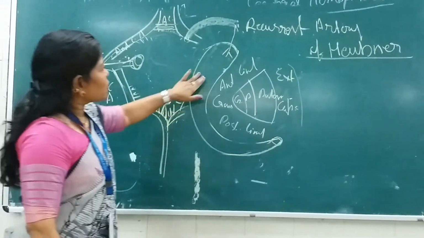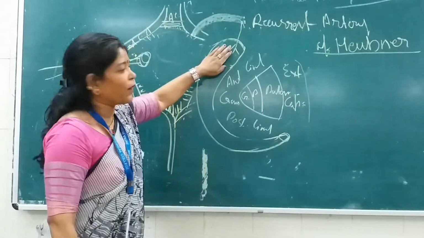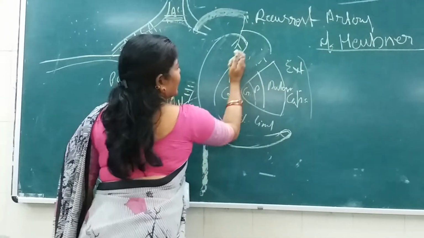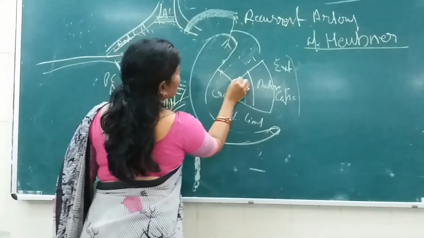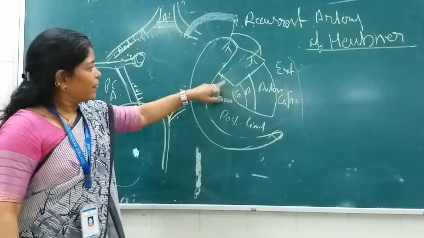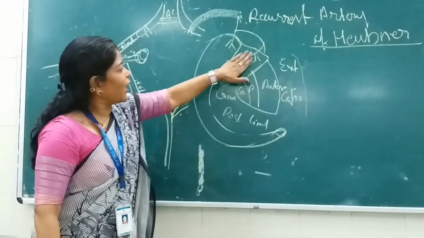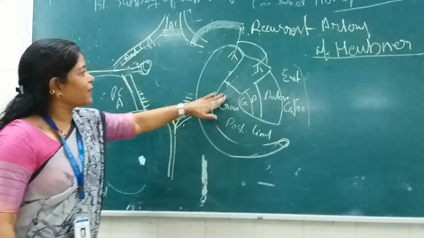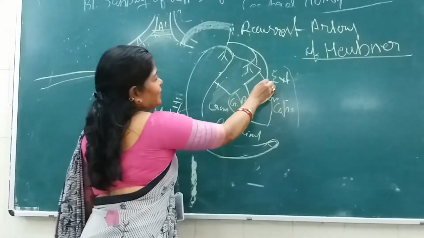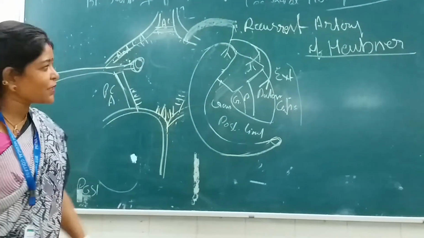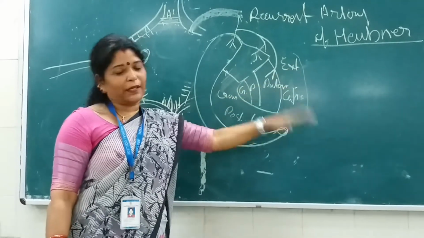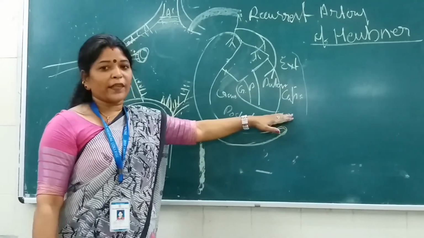Other than the head of the caudate nucleus, the recurrent artery of Heubner also supplies the anterior half of the anterior limb of the internal capsule, and the putamen. These are the important structures supplied by it. Yes or no?